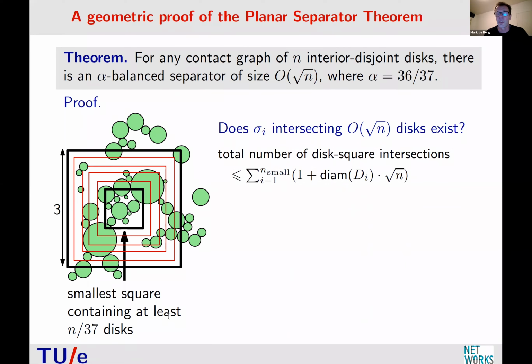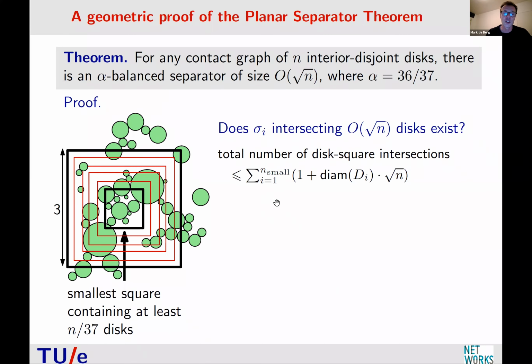Well, if I count the total number of intersections between disks and squares, well, here I can count that as follows. I take the sum over all my disks, so i equals 1 to, well, it's not n because I only have to worry about the small disks, but that doesn't really matter. So it's the sum over all the disks.